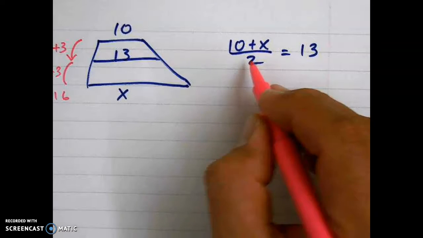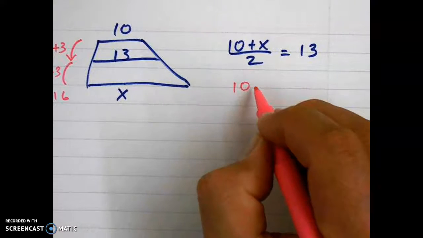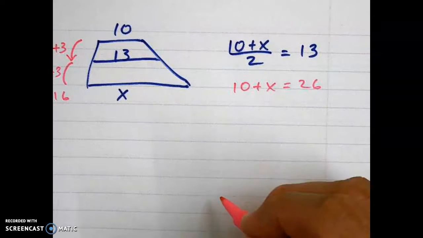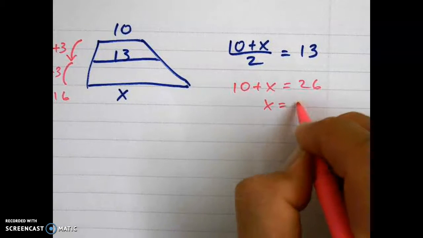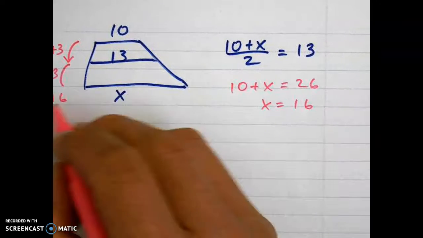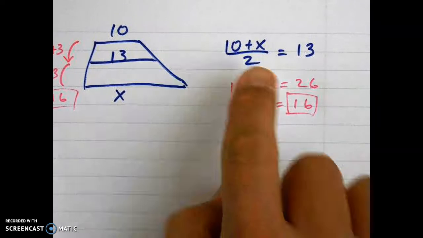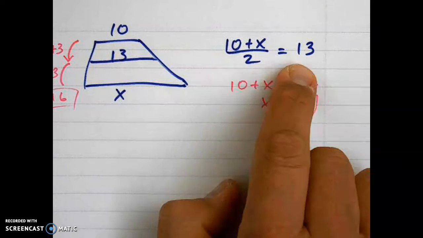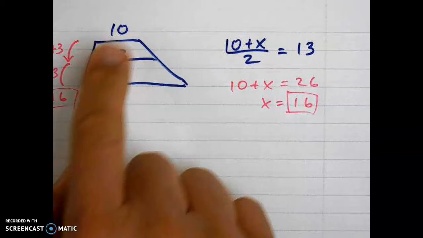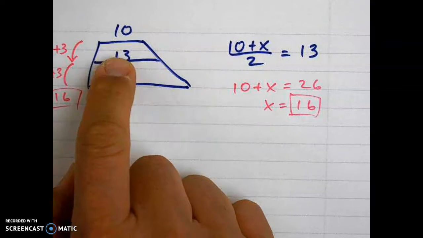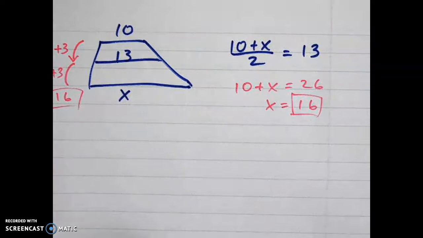If I multiply both sides by 2, I get 10 plus x equals 26. Subtract 10 from both sides. x is equal to 16. We get the same answer. So whether you use the formula, average the bases is equal to the median, or whether you use this step process, I added 3, so add 3 more. Make sense?